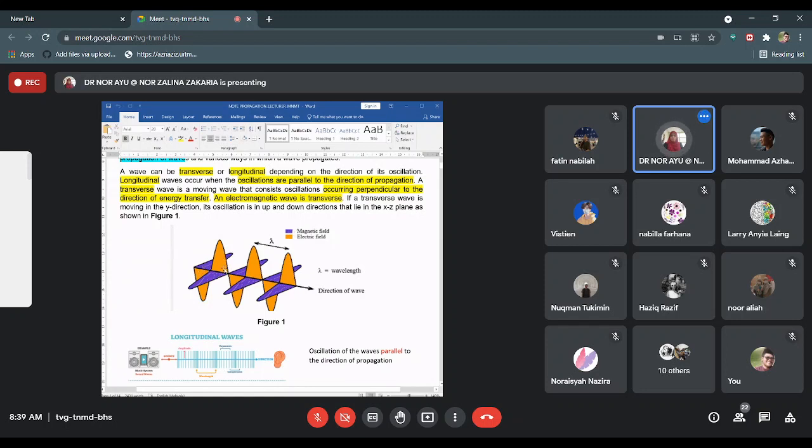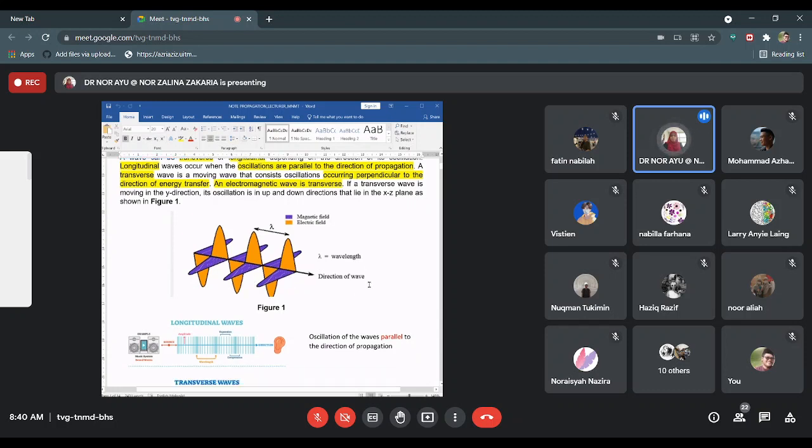You can see that the directions of the magnetic and the electric fields are different. The direction of the electric field is, let's say, going up here, the z direction, and the direction of the magnetic field will be in the x direction. So the magnetic field is in the x direction, the electric field is in the z direction, and the wave will propagate in the y direction. So it's going this way.